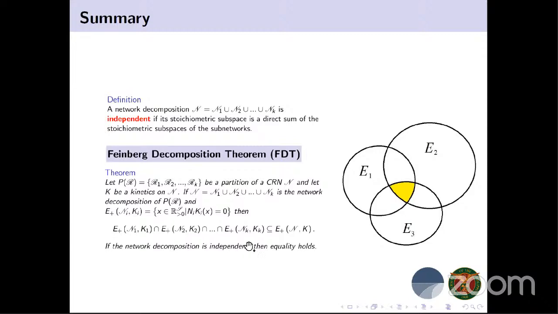If you get the intersection of the equilibria sets of the subnetworks, then you will get this equality with respect to the equilibria set of the whole network, given that the decomposition is independent. As we can see here, say we have three networks and three corresponding equilibria sets, E1, E2, and E3. Then this is the intersection. In the case where this is equality, this intersection will be the equilibria set for the whole network.